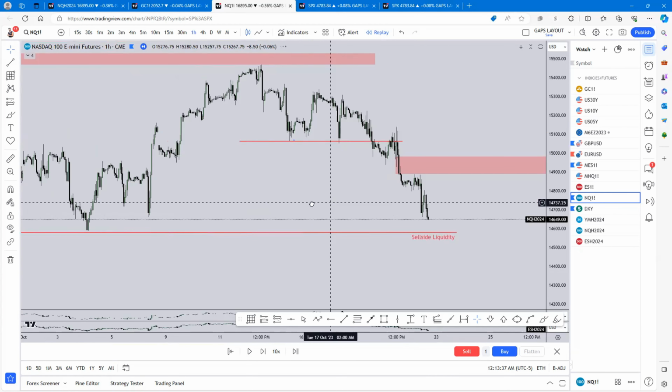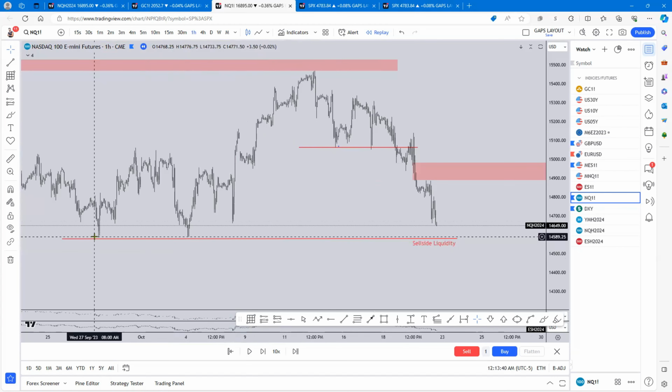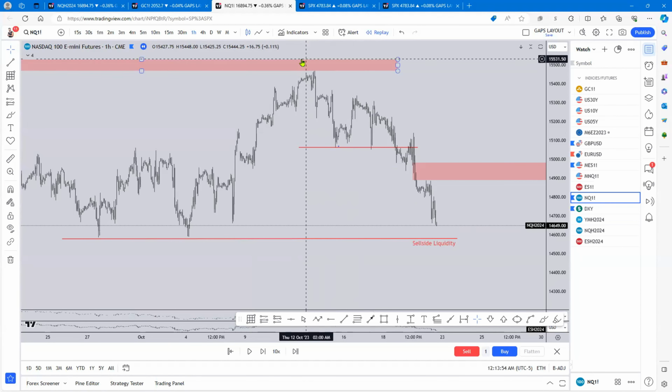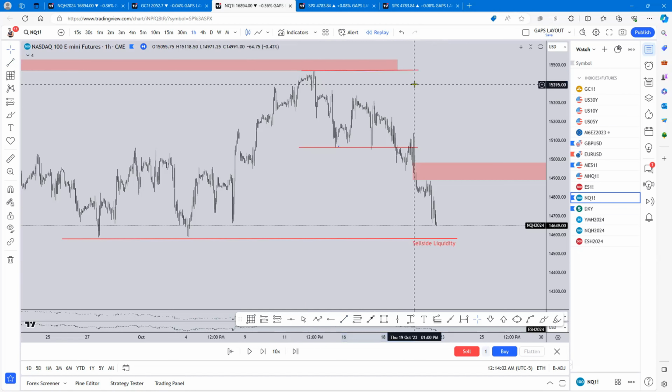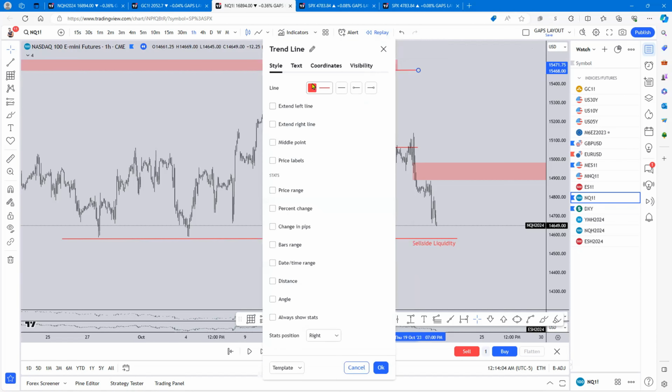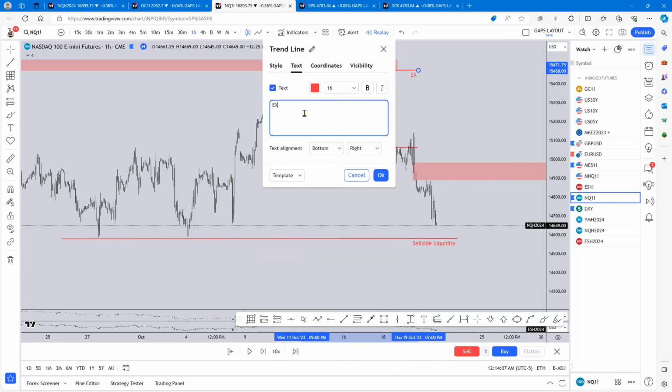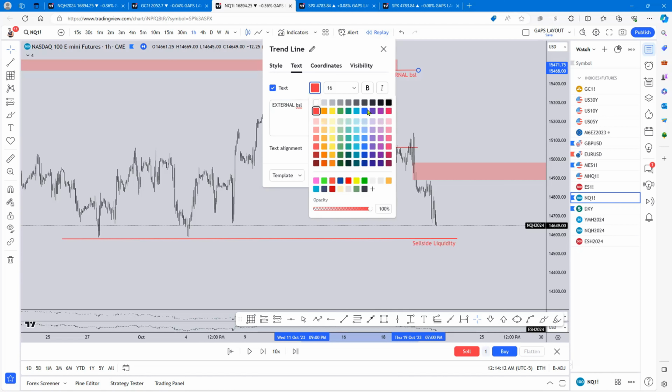This is still our draw on liquidity here as our sell side. So you have external range liquidity in the form of this sell side, which is external. And where we came from, this daily up here, is the external buy side liquidity. We'll make this blue.